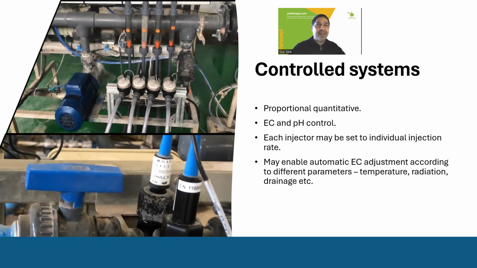I saw many cases, and trust me, when people design their systems, if you make this mistake, then it becomes difficult to manage, because the injection ratio is also affected by the flow rate.